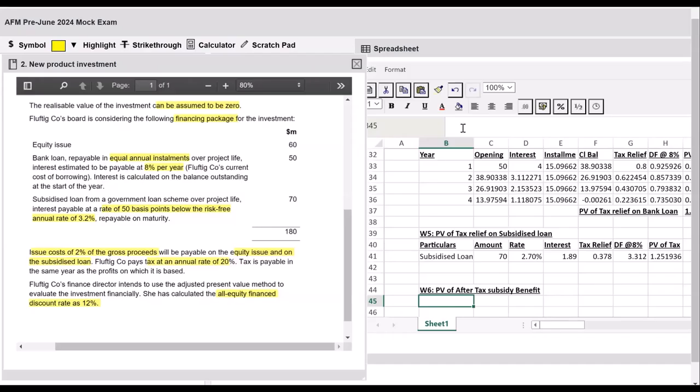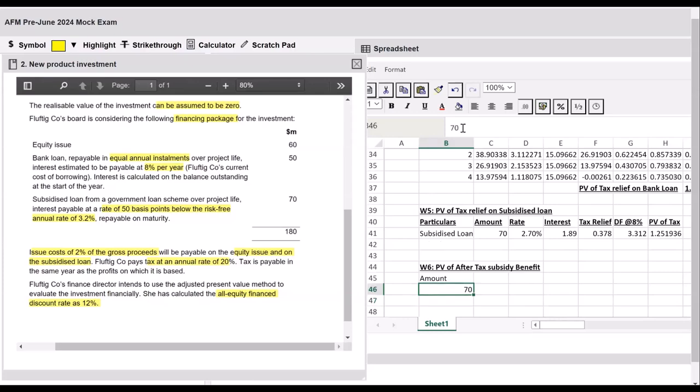The last working note: how much is that amount going to be? The amount is 70 million, and the interest saved, which is going to be 2.7 minus the 8 percent, which is 5.3 percent. And on that interest saved, what is the interest amount? The interest amount tends to be 3.71.